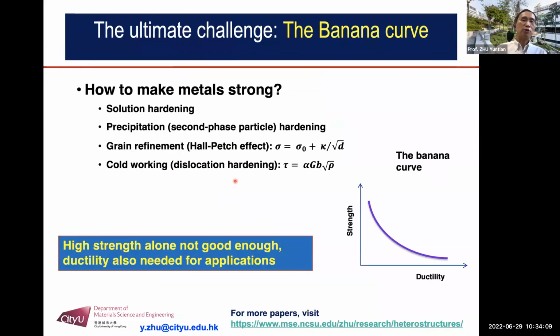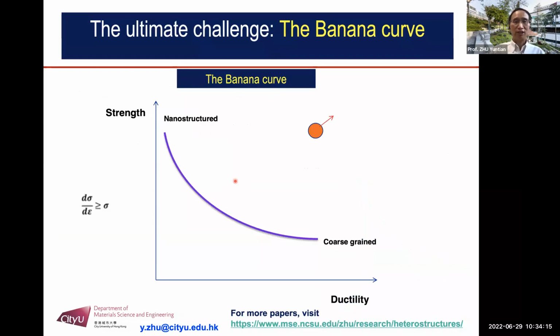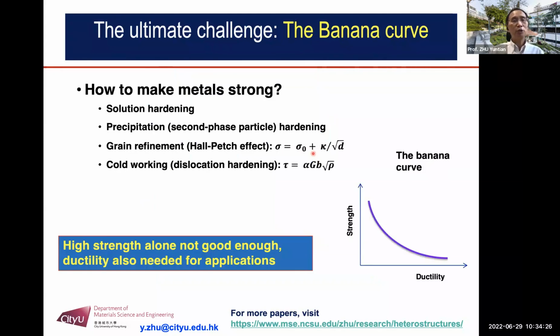Okay, now the question is, how do we, as engineers, make the material both strong and tough like this? That's all we want to do. And then how do you make a metal or alloy strong? This is simple.